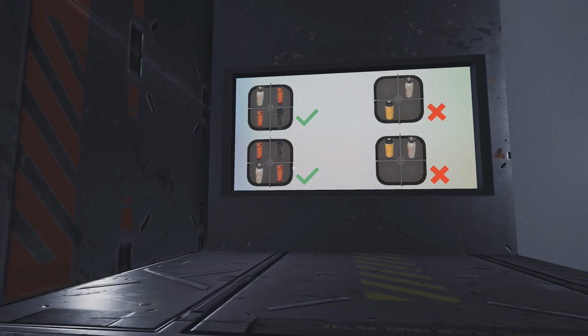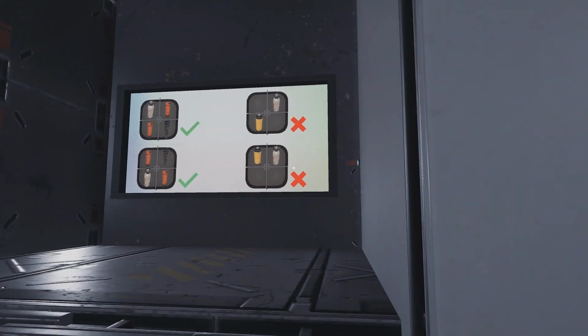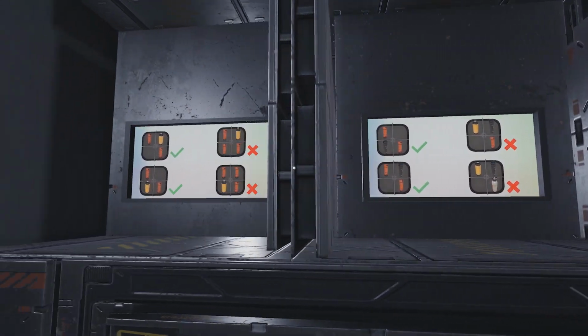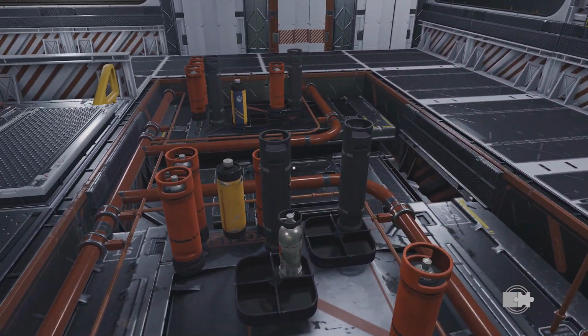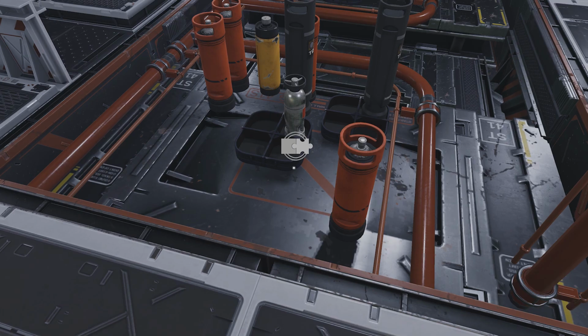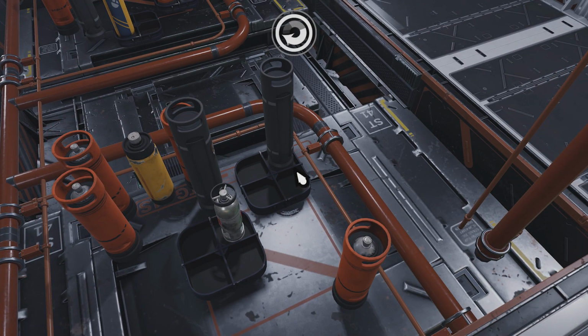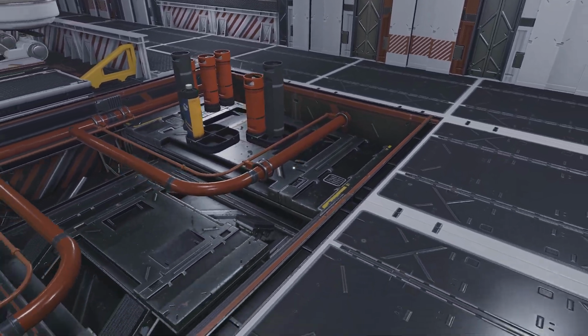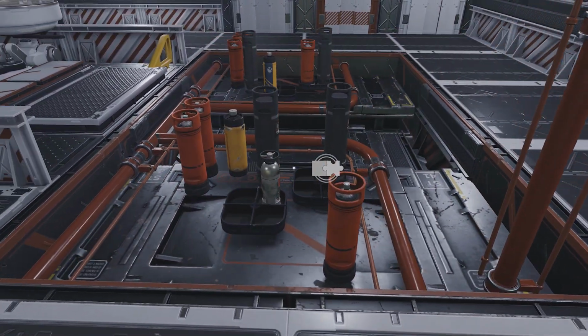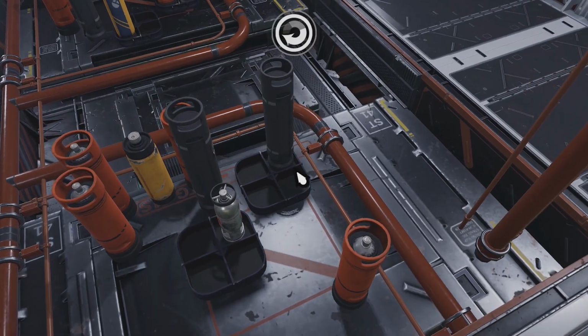Like I said, very weird that we have three different solutions here, but whatever. Yeah, very weird.